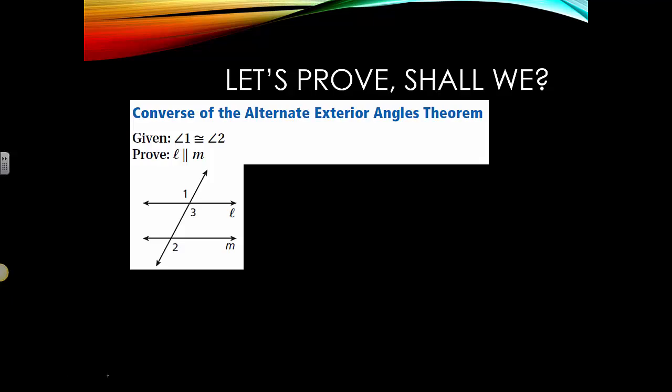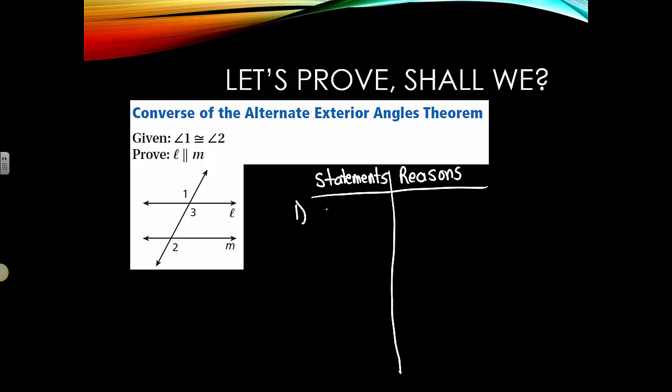So we're going to prove the converse of the alternate exterior angle theorem in this particular slide. So we have our statements, and we have our reasons. Okay, so for statement number 1, we know that angle 1 is congruent to angle 2, and that is given to us. Angle 1 and angle 2 are congruent.